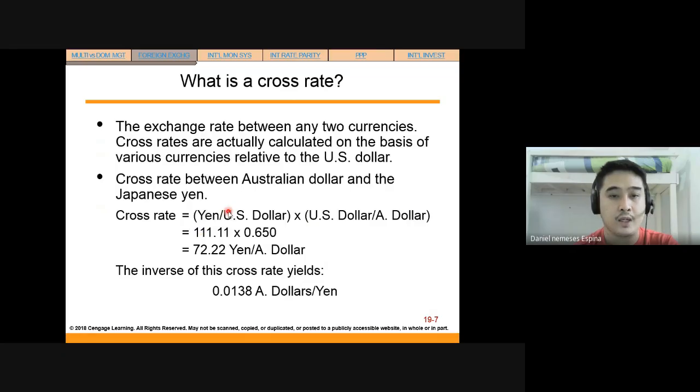So you take the yen per US dollar, 111.11, times the equivalent of the Australian dollar to US dollar, which is 0.650.